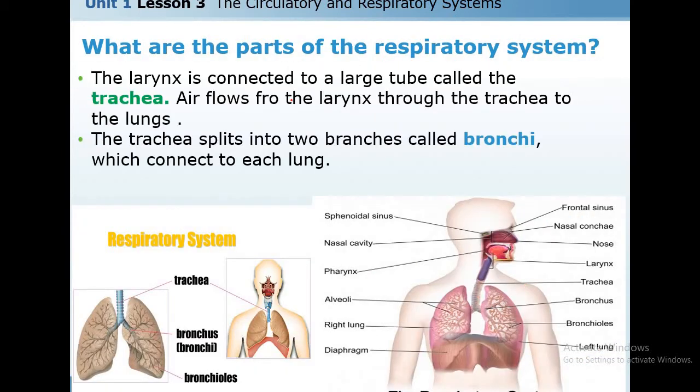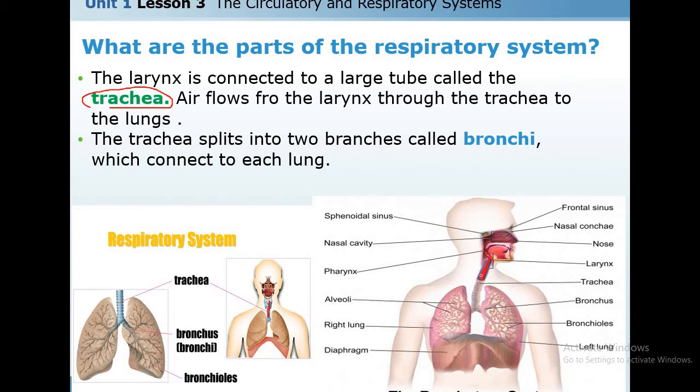The larynx is connected to a large tube called the trachea.